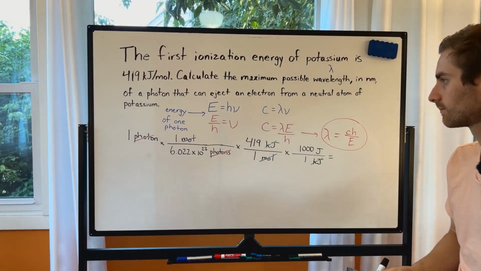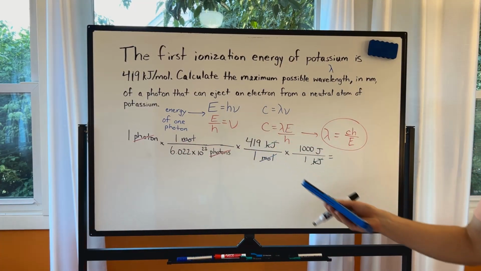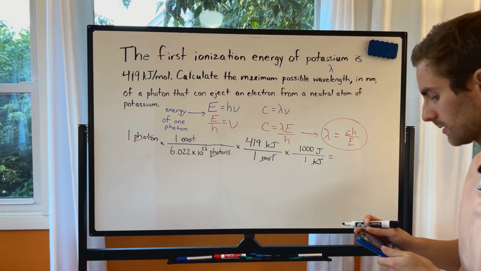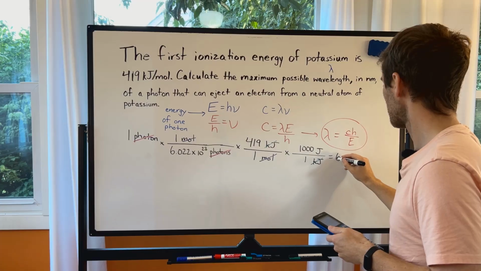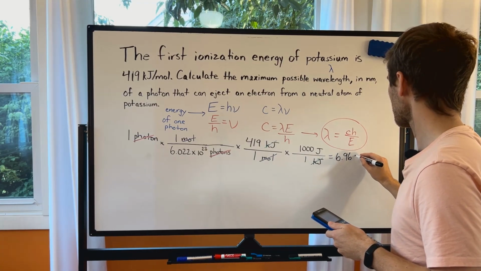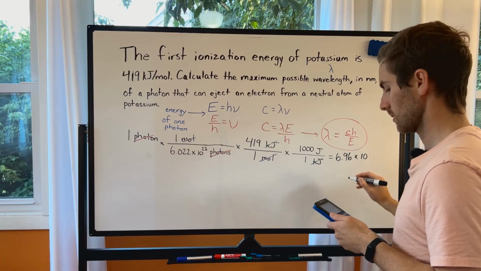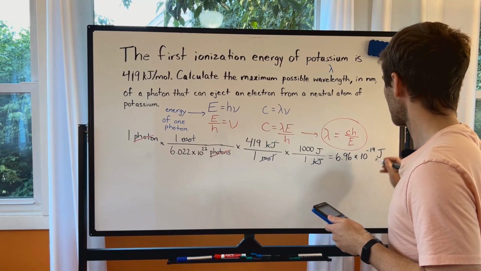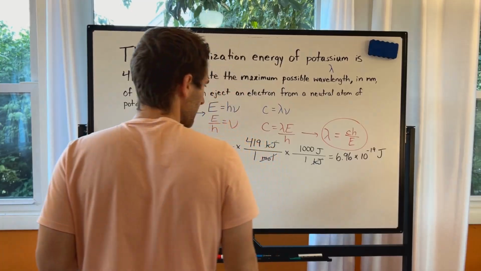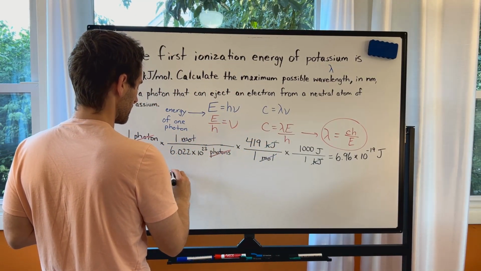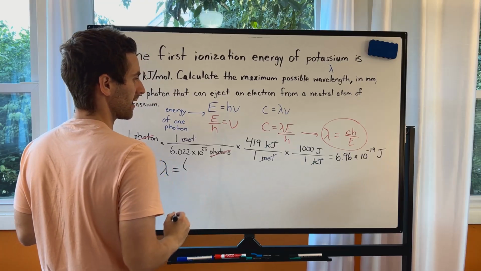And so we get that one photon of this energy has 6.96 times 10 to the negative 19th joules of energy. And then we can simply plug everything into that equation that we derived.